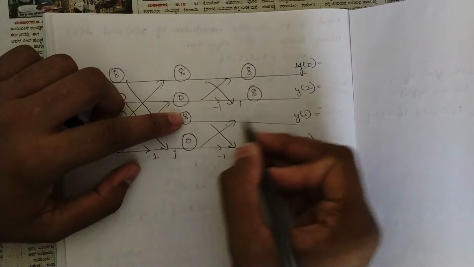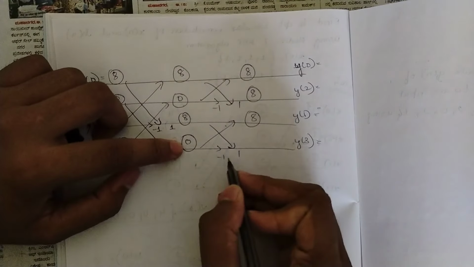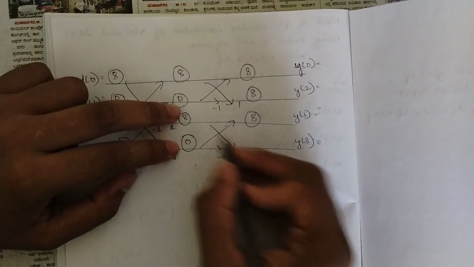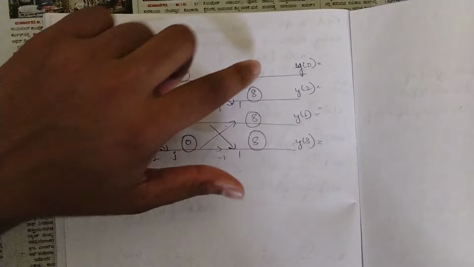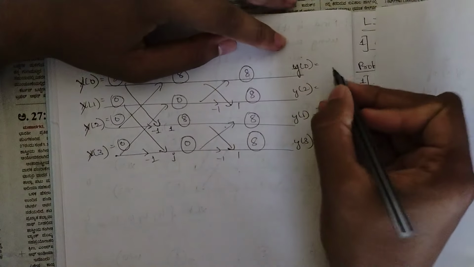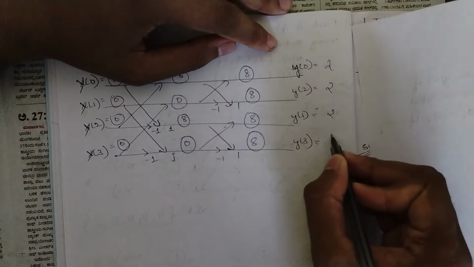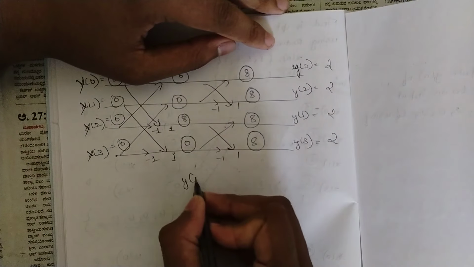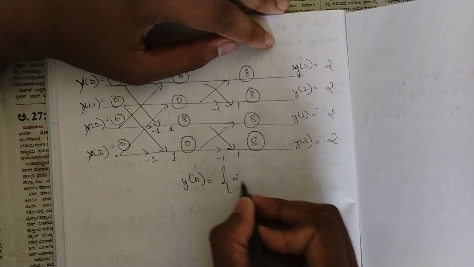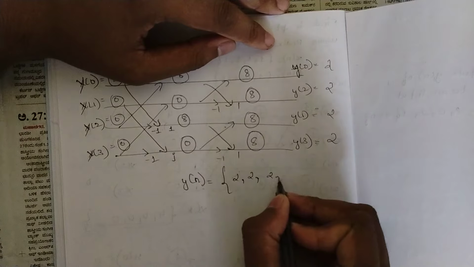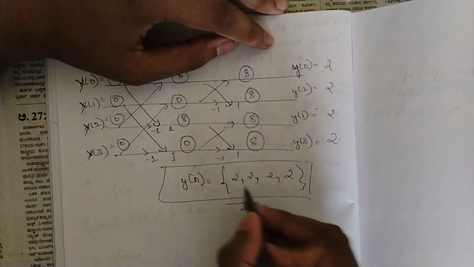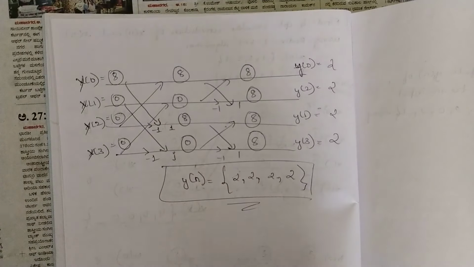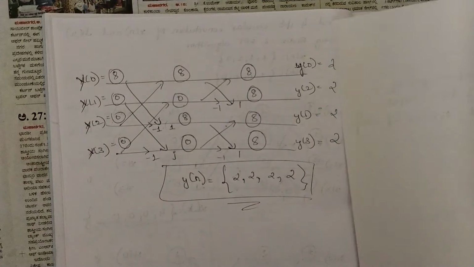Then 8 plus 0 is 8 again, and 0 into -1 is 0, plus 8 is 8, 8 into 1 is 8. Then we divide all these answers by 4. 8 by 4 is 2. So our final sequence y of n is 2, 2, 2, 2. All the values are 2, so I'm not checking the sequence here. This is our final answer for this IDIT problem.